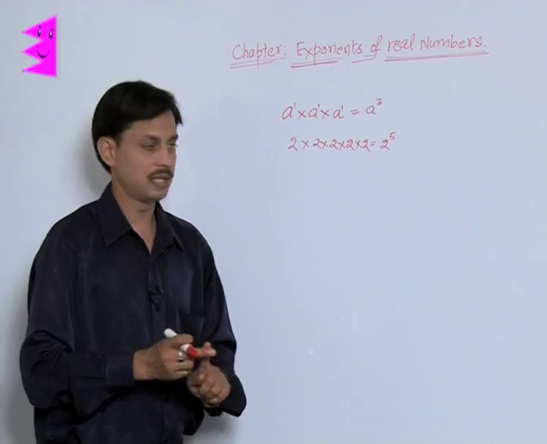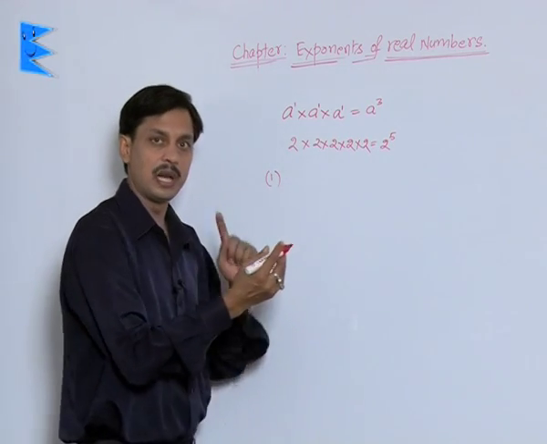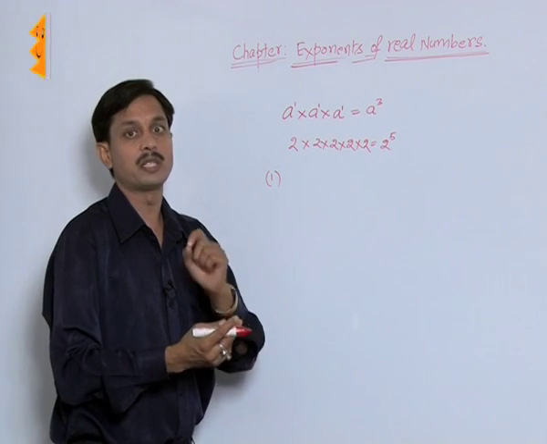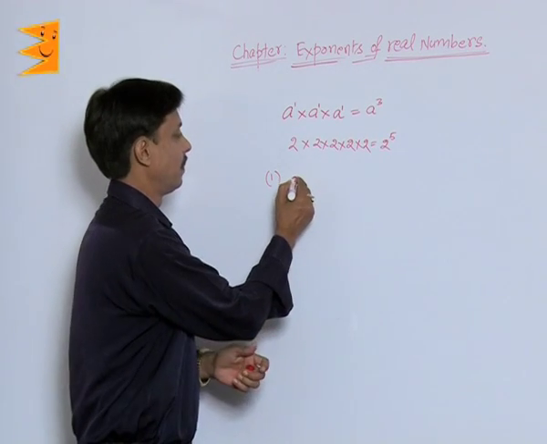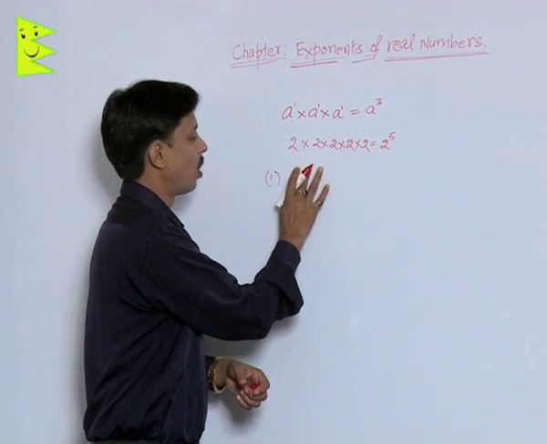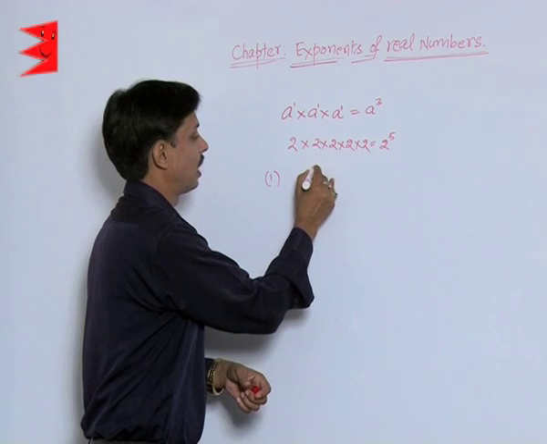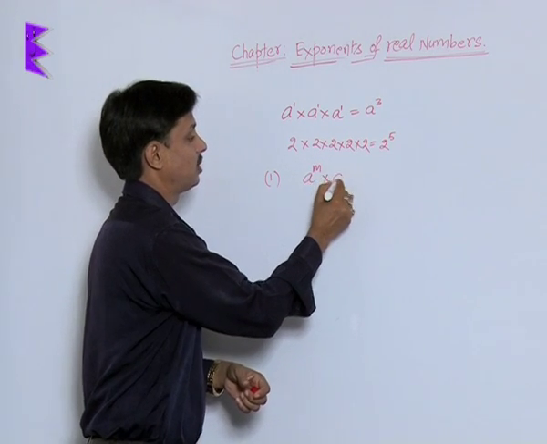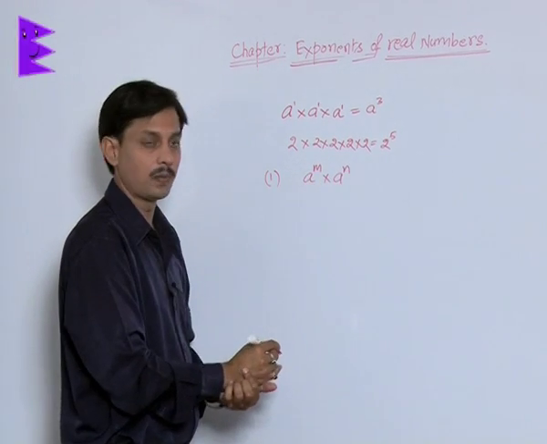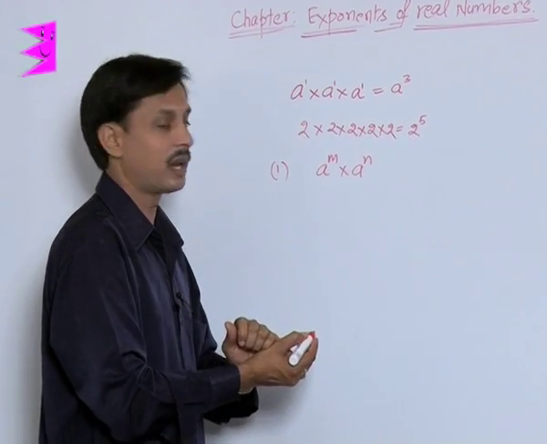If the base of two exponents is the same, I am taking the first rule here, let us suppose the base is 2, or you can write a to the power m and another is a raised to the power n. I am multiplying a to the power m into a to the power n.